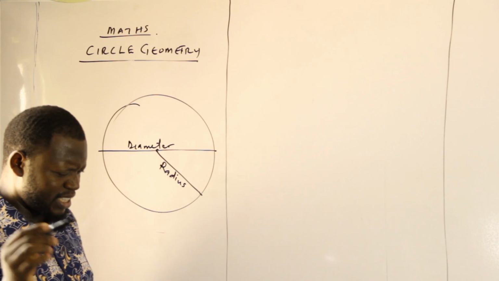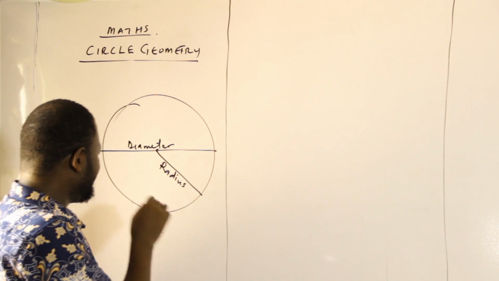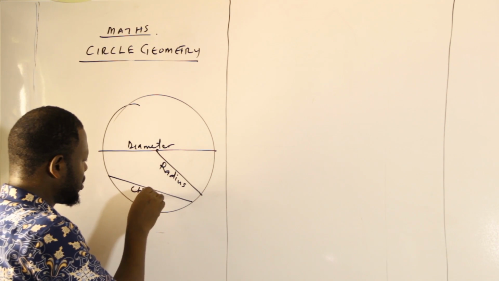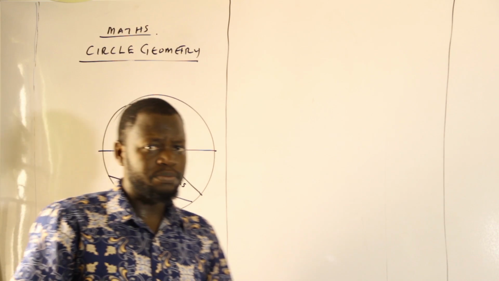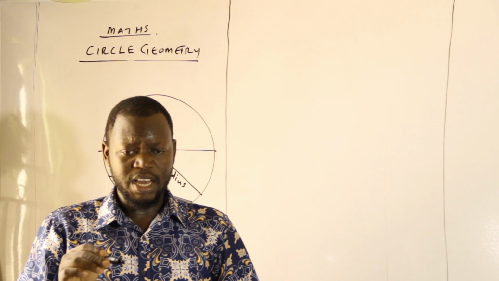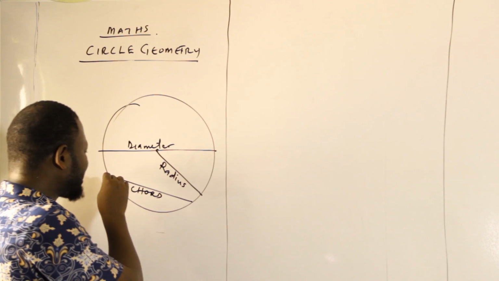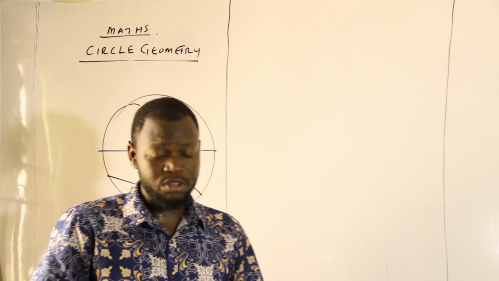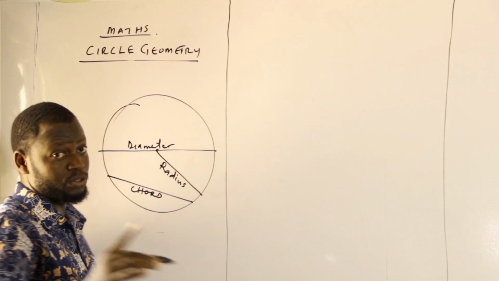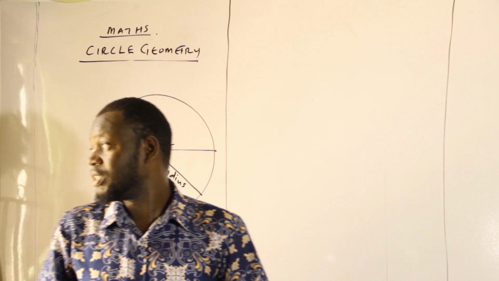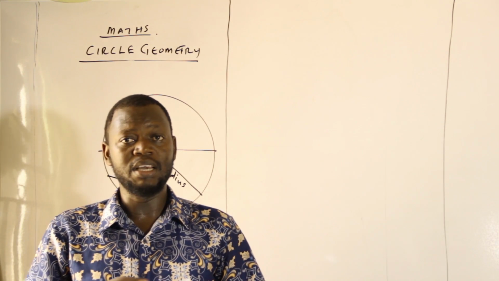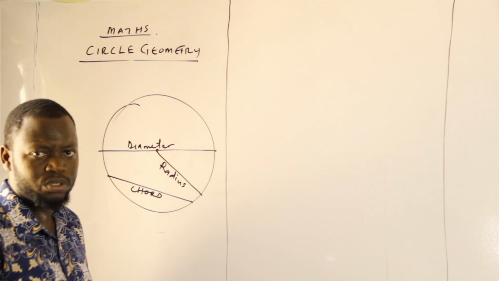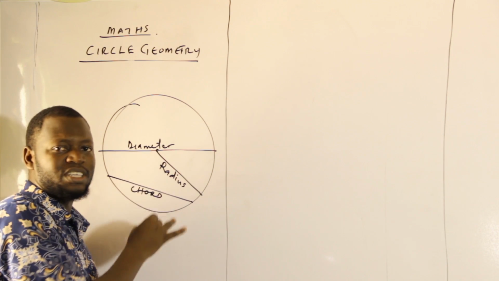Let me quickly clarify this. A chord is a line that runs from a circumference of a circle to another circumference of a circle. Though diameters do that too, the difference between a chord and a diameter is very clear. A diameter is also a chord, but a chord is not a diameter.